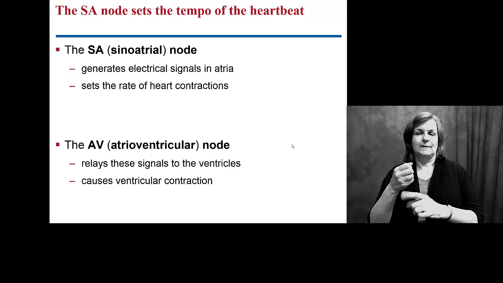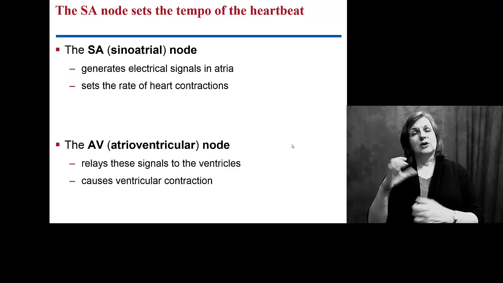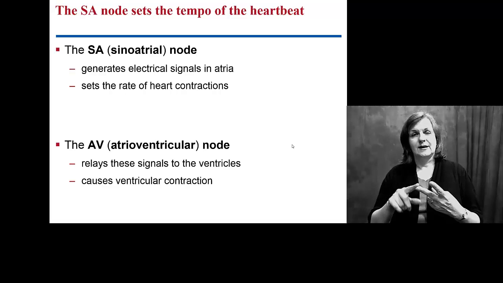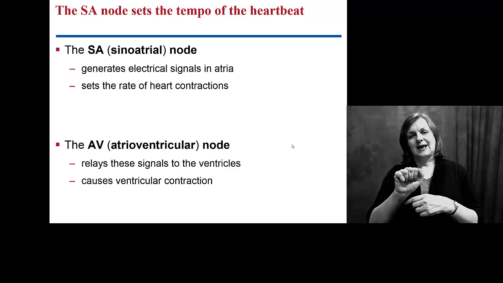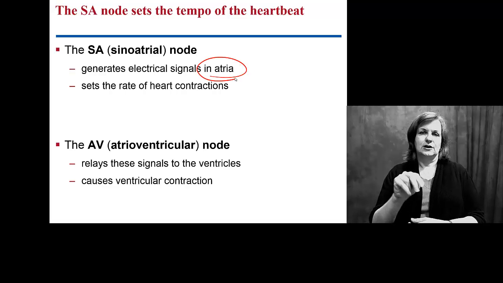The SA node, or the sinoatrial node, actually looks at how we regulate the contraction of the heart itself. So the SA node is going to generate electrical signals in the atria to determine how fast the heart beats.